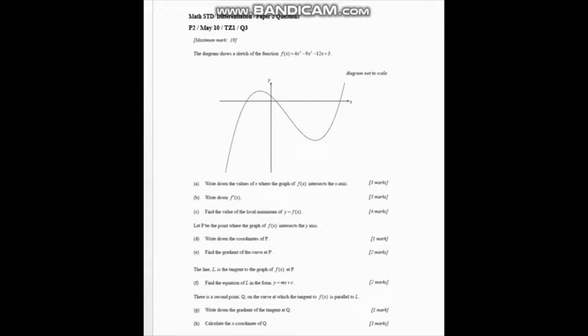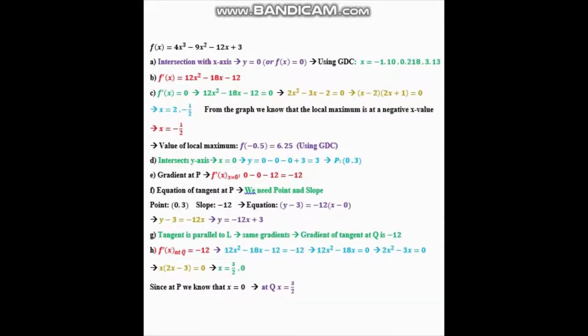In question D, I am told that P is the point where the graph intersects the y-axis, and I want to write the coordinates of P and find the gradient of the curve at P. So since it intersects the y-axis, I should know that x is 0. Hence, if I plug 0 into each of these x's, what remains is the 3, this term, so y equals 3.